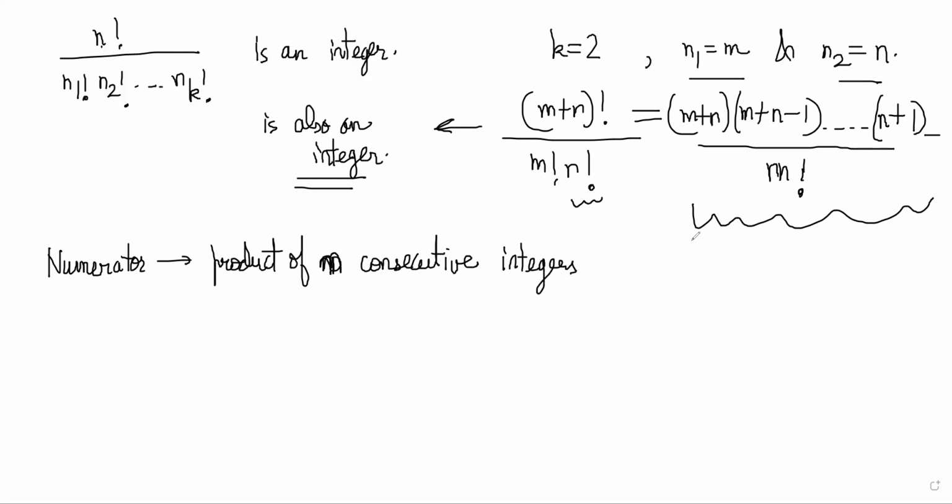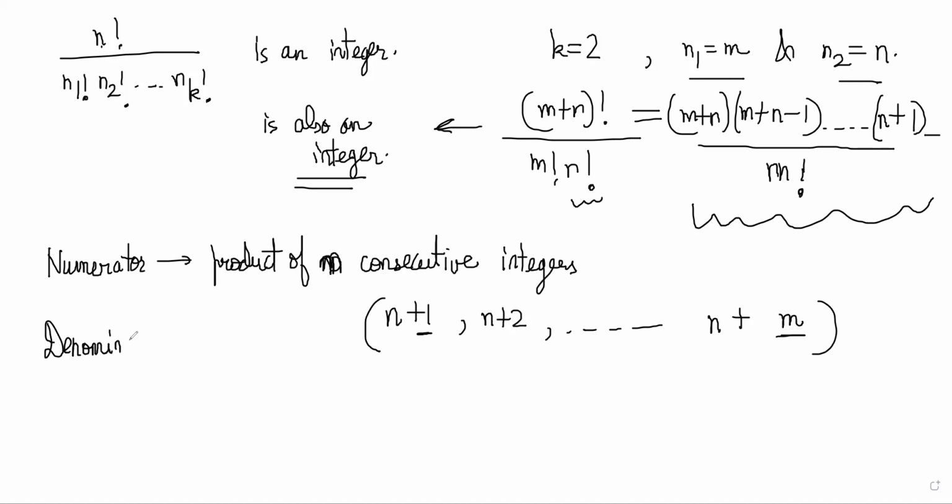Why is it the product of m consecutive integers? Notice that it starts with n plus 1, then it is n plus 2, and so on. It goes on till n plus m, right? So it goes from 1 to m. So this is the product of m consecutive integers, and the denominator is m factorial.